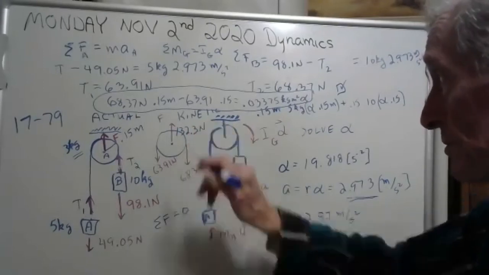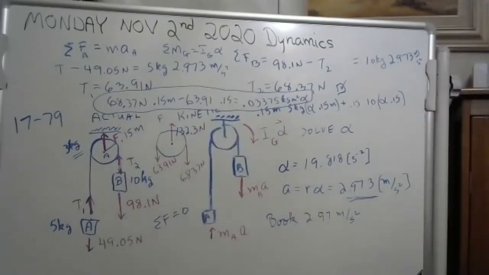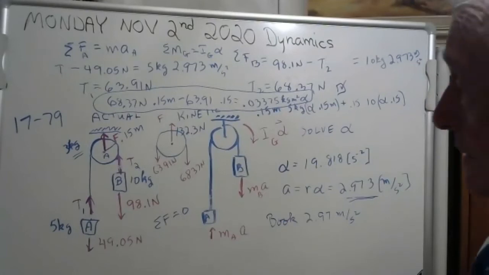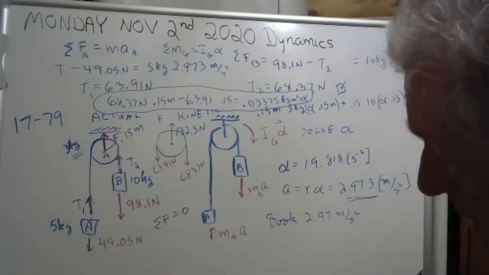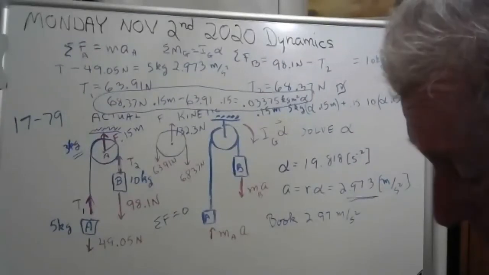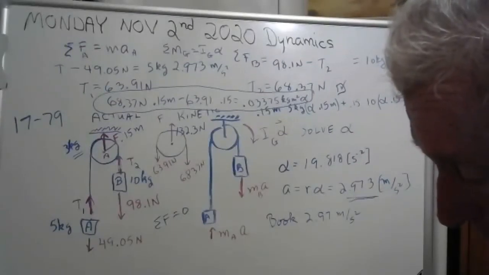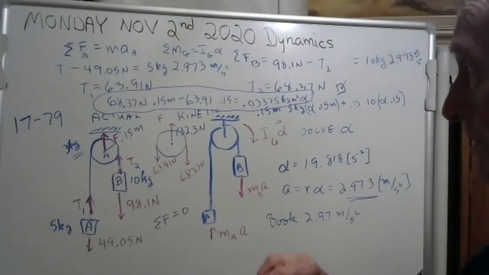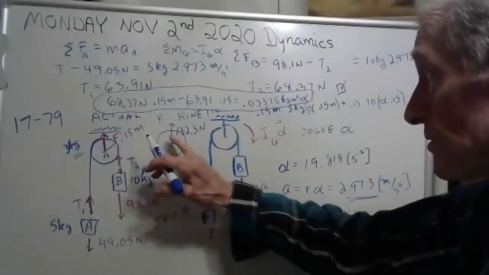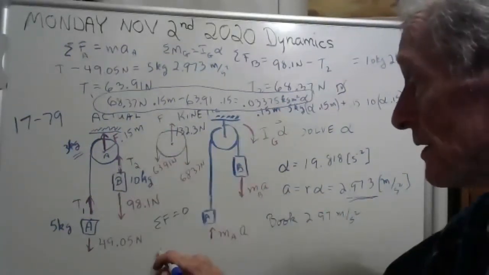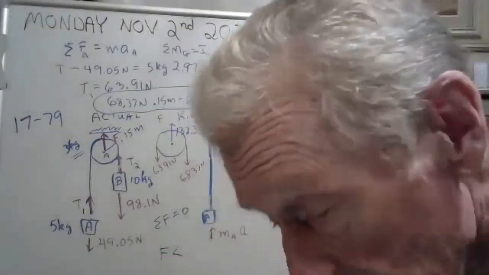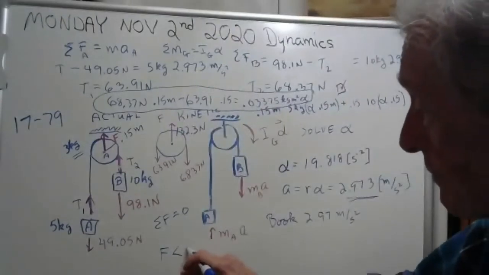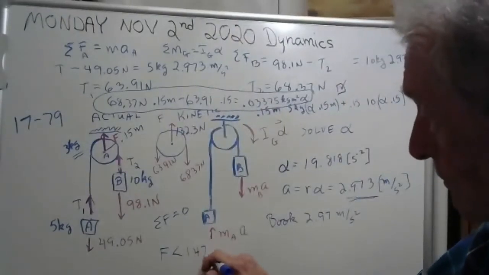And remember, when you add these up, the 49.05, I erased it, plus the 98.1, that's 147.15. So this force is less than, does that show up? Yeah, this force is less than the 147.15.